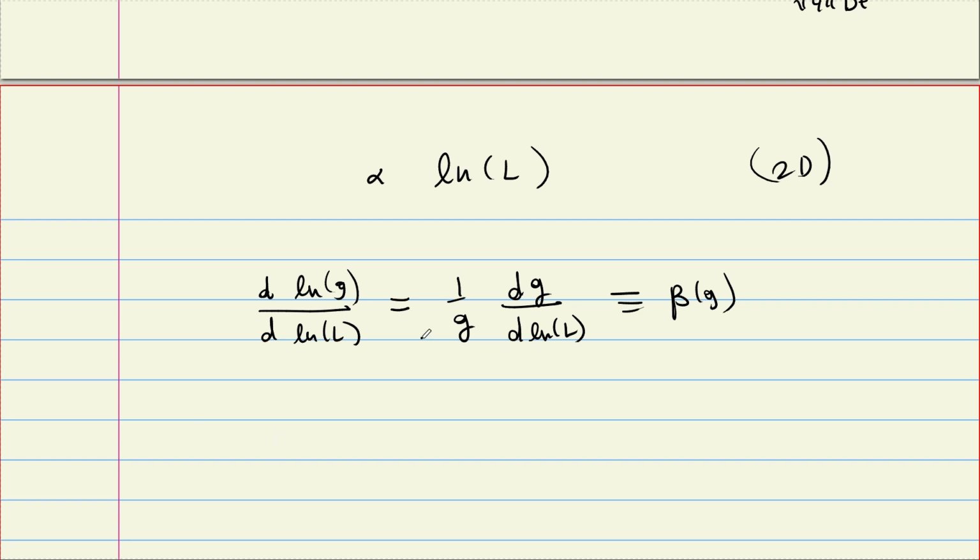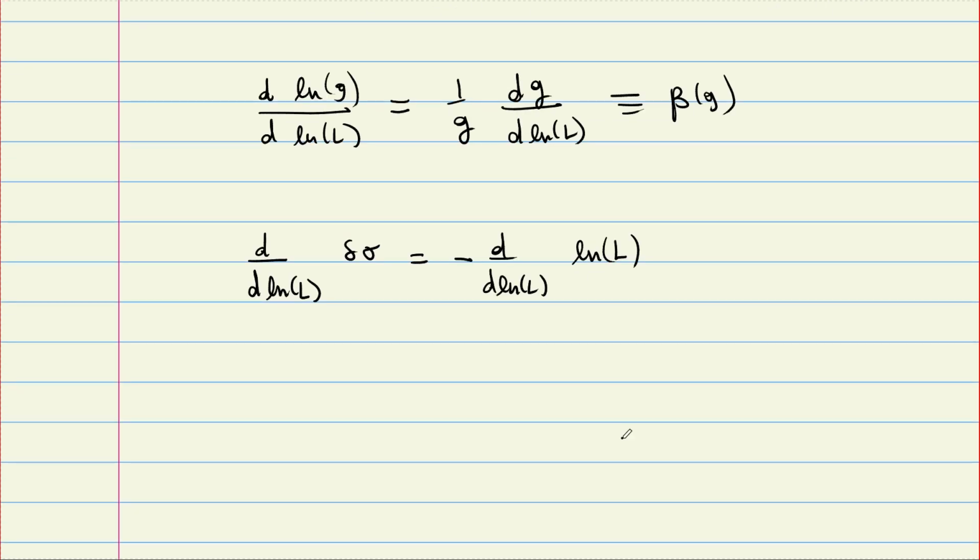If I apply d over d ln L on this delta sigma, delta sigma is minus a ln L, with some constant a, so the derivative is minus a.